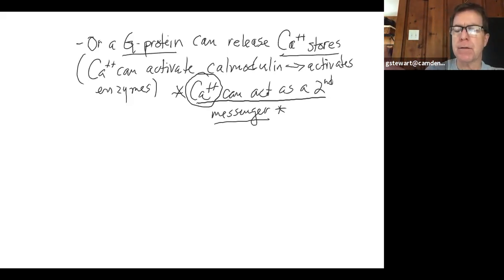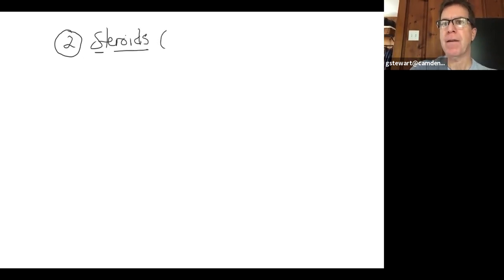All right, let's leave this now and go to the second type of interaction at a target cell by a hormone. And this is going to be number 2, steroids. I'm going to put in parentheses, thyroid hormone.